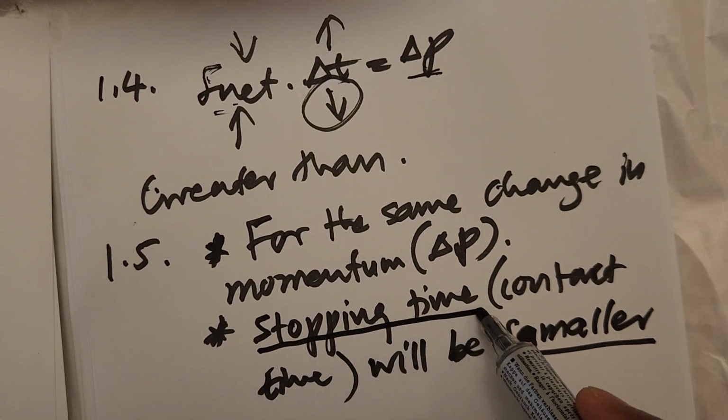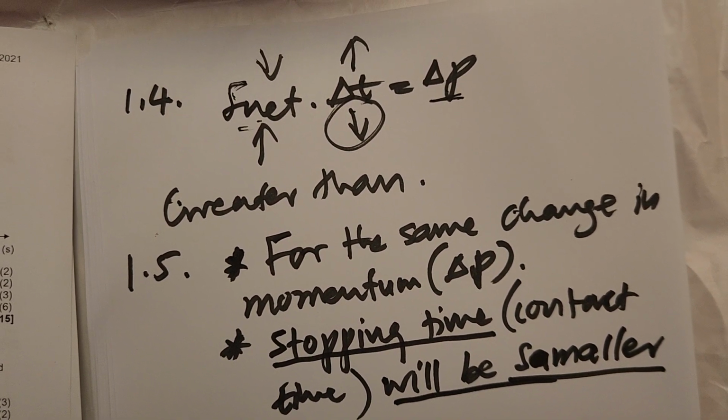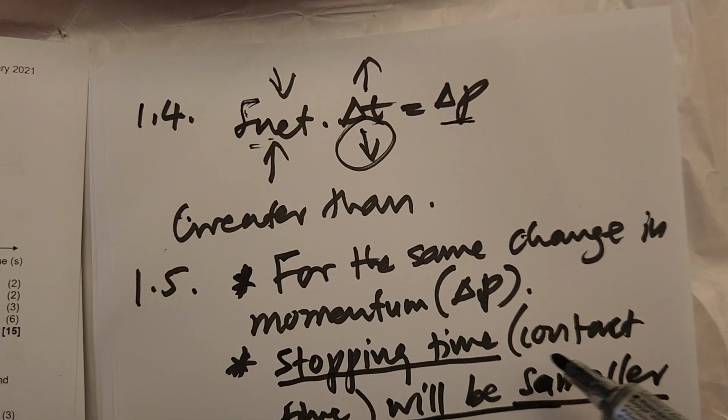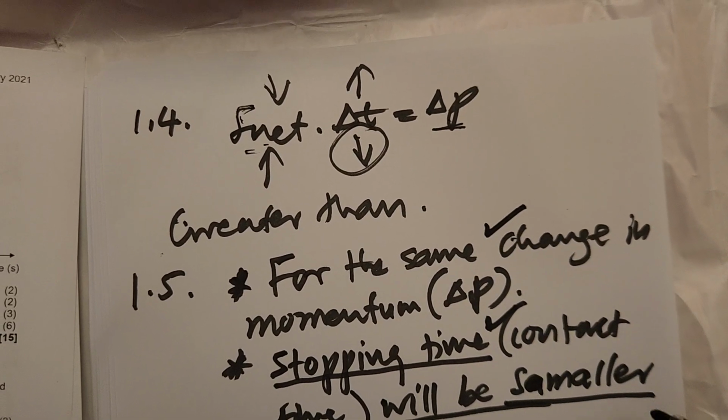So the stopping time will be smaller. You will get 2 marks for saying that. So stopping time must be a mark, and then for the same change in momentum, 1 mark.